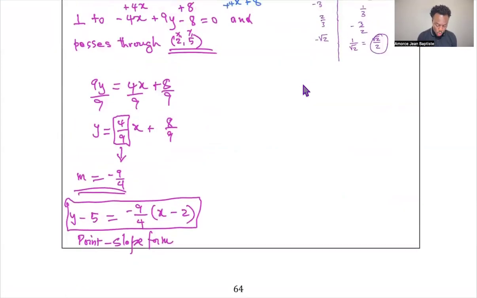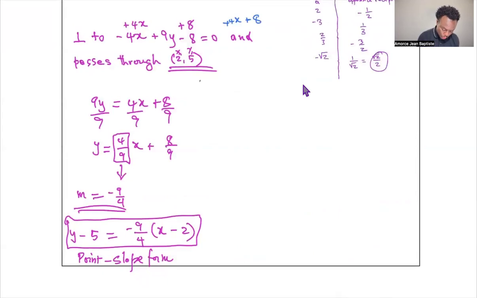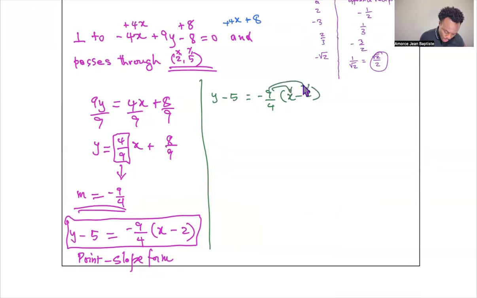Slope-intercept form, you know, you're going to want to use the point slope form to solve it for y to get the slope-intercept form. So I'm going to y minus 5 equals negative 9 over 4x minus 2. We will distribute that, right? And then add 5.